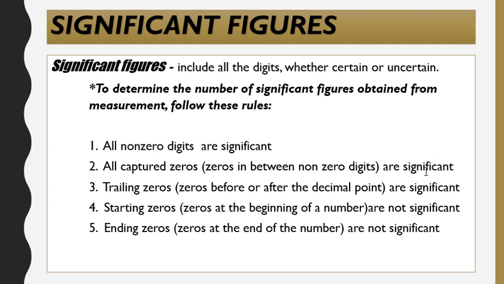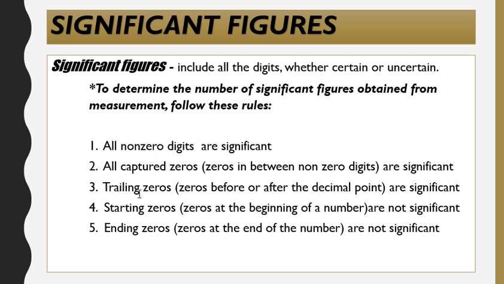Example, 202. How many digits is that? There are three: 2, 0 and 2. All non-zero digits are significant, so the first 2 and the last 2 are significant. The 0 is in the center, in between the two 2s, so all captured zeros are significant. It is considered significant.